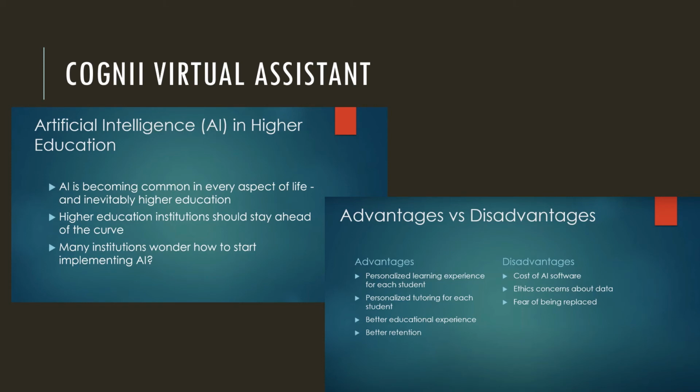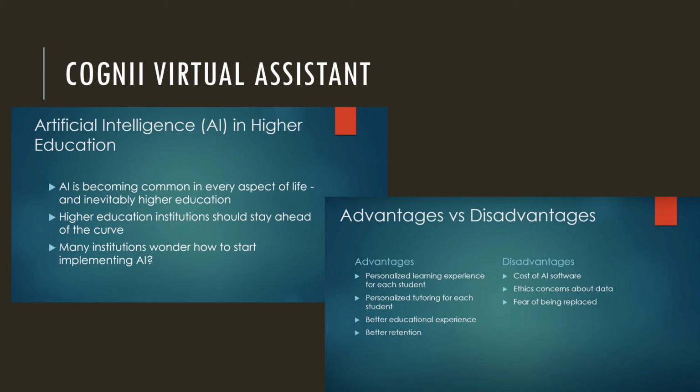Since it's becoming a more common technology, I took a lot of interest in it during my studies, and one of the things that I found when researching for a project was this software called Cogni Virtual Assistant. So basically what Cogni is, it's a chatbot that engages with students one-on-one.